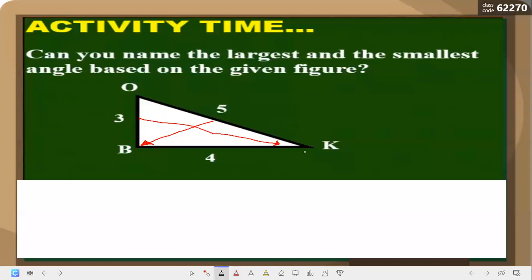So obviously, our largest angle is angle B, while the smallest angle is angle K.